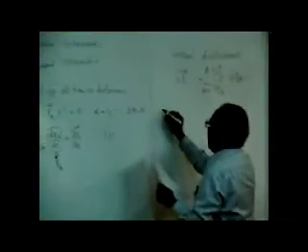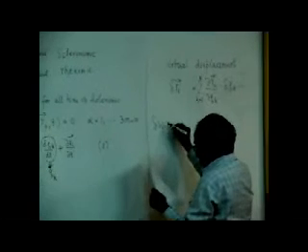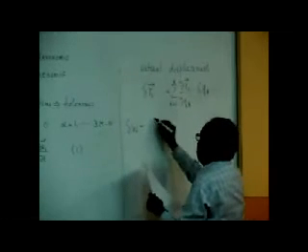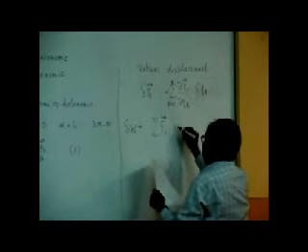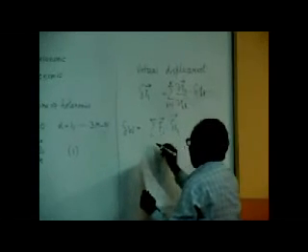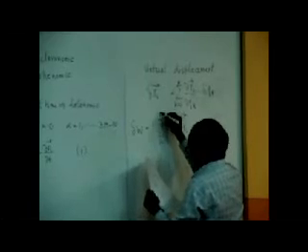So delta W for this is nothing but the summation of Fi dot delta Ri.